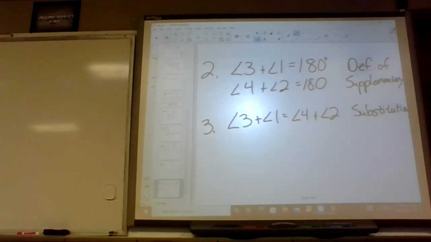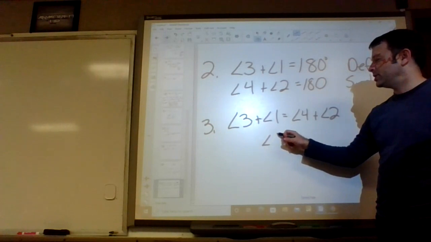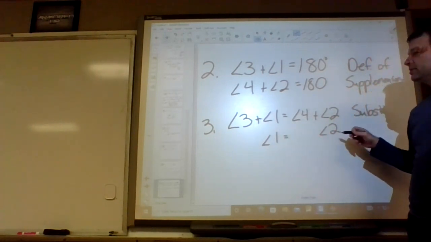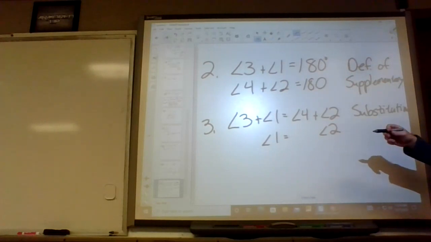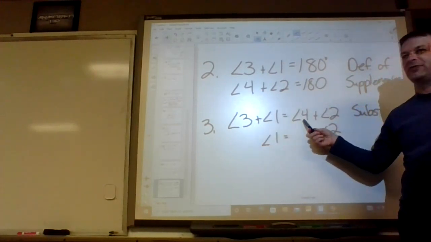Part of the given, we don't really need to write this part down, was that angle 1 and angle 2 were the same. So the numbers have to be the same. But how do we say that? What we're trying to get to is to say that 3 and 4 are the same.